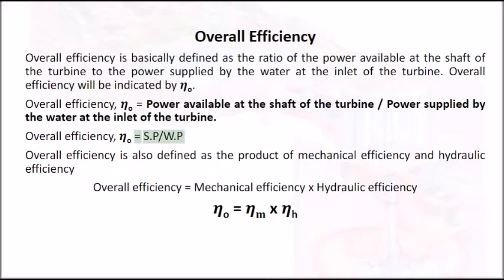Overall efficiency is also defined as the product of mechanical efficiency and hydraulic efficiency. Overall efficiency equals mechanical efficiency times hydraulic efficiency, ηO equals ηM times ηH.